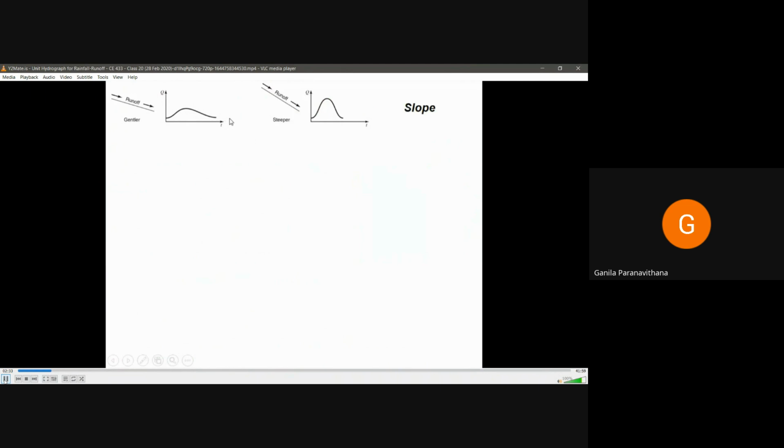The reason for that is that the velocity as it travels over the surface is going to be higher for a steep slope, and there's going to be relatively less of that diffusion effect that we talked about last time, with the idea of pouring a cup of water into a flume and how it spreads out the longer it's in the flume. So a steep slope leads to a higher peak, and the peak is sooner than with the gentler slope.